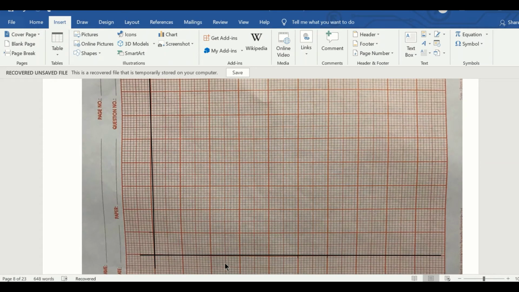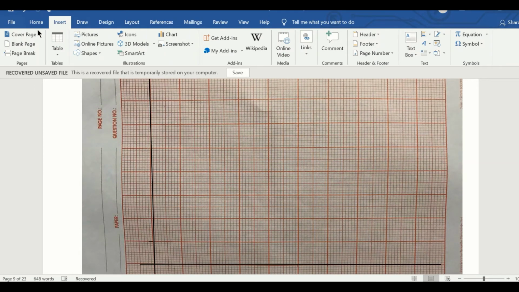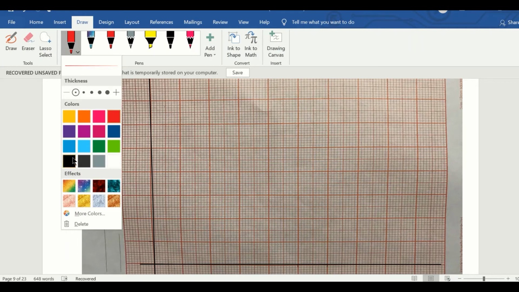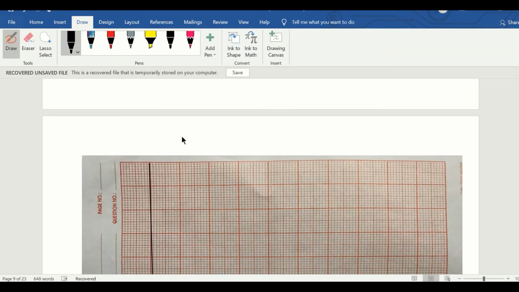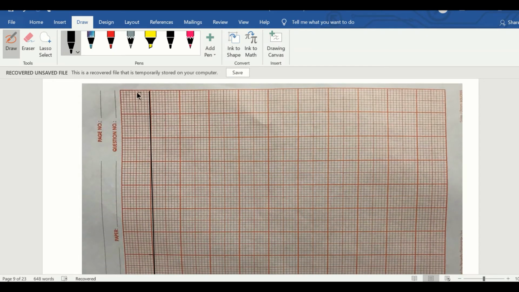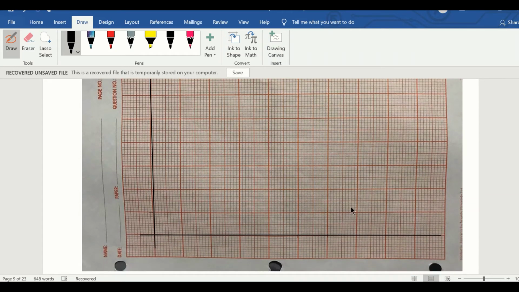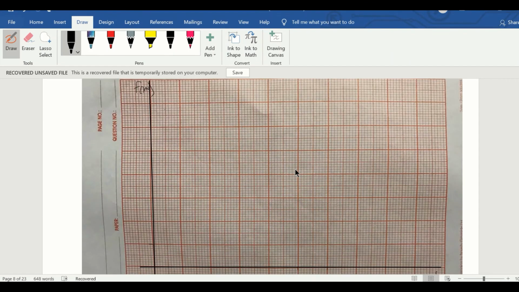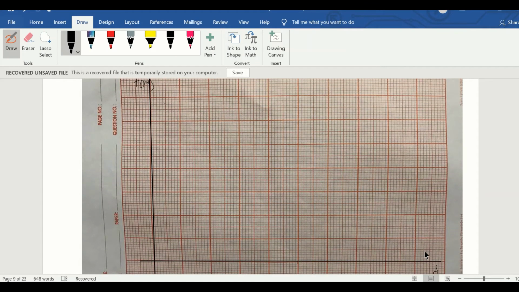Right, here's my graph. As always, I will label my graph. Here is my force, in kN, kilonewtons. Right here is my distance, in millimeters.